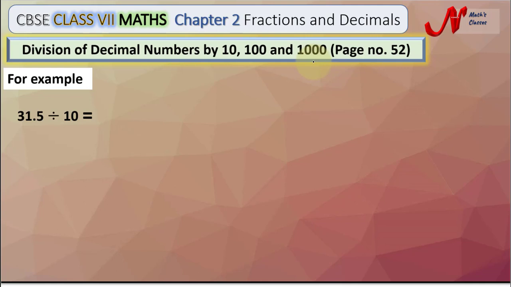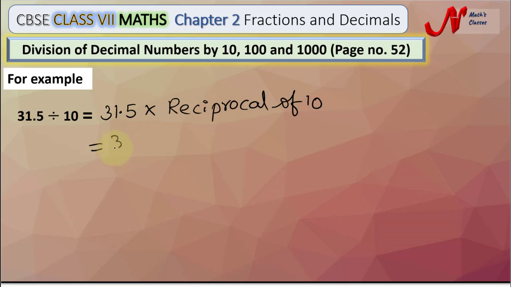Here, 31.5 divided by 10. So it can be written as 31.5 into reciprocal of 10. So 31.5 can be written as 315 divided by 10, because after the decimal point there is 1 digit, so we write 10 in the denominator.